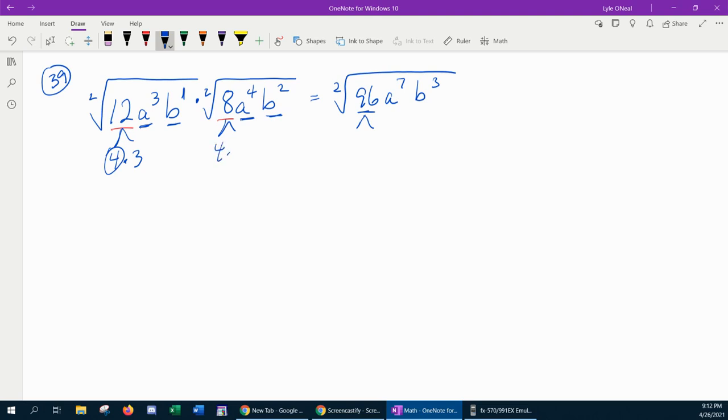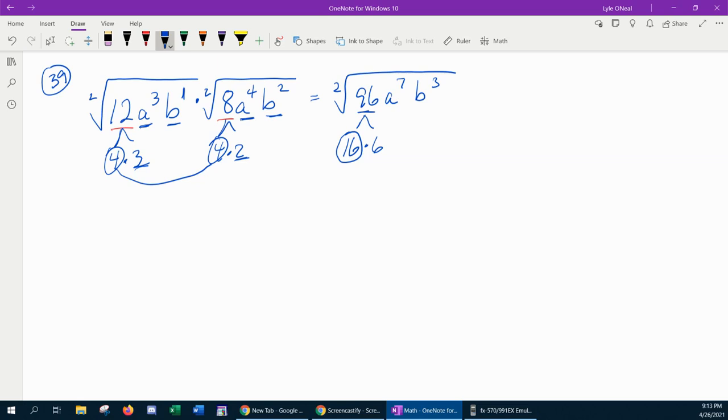I know that 8 is 4 times 2, and there's another perfect square. So these, 4 times 4, that means that 16 is a factor of 96, and the other two factors are the other factor. 3 times 2 is 6. So 16 times 6 is 96, and what I've done here is I've got the largest perfect square that I can take out of 96.